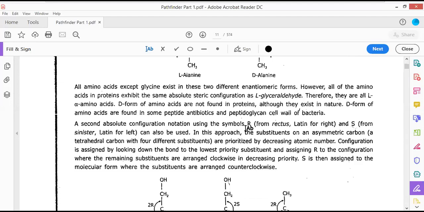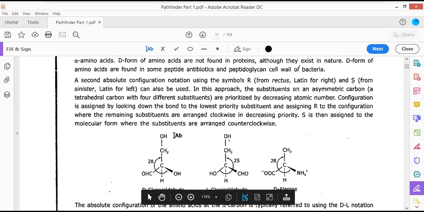Now, there are other configurations which are also possible. One is referred to as the R configuration, another as the S configuration. R refers to rectus and S refers to sinister. What is this?